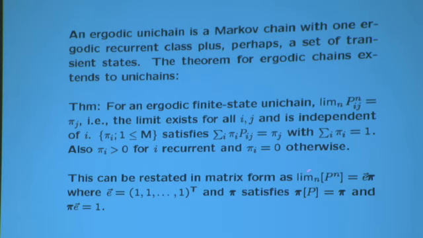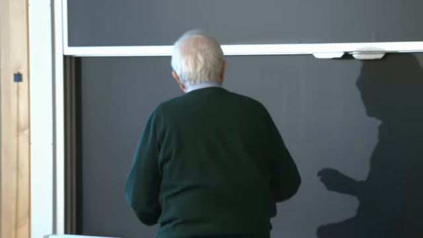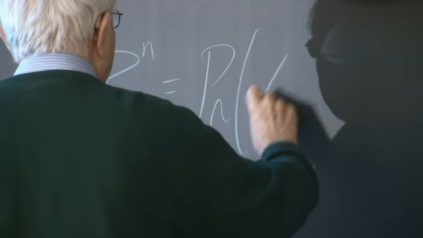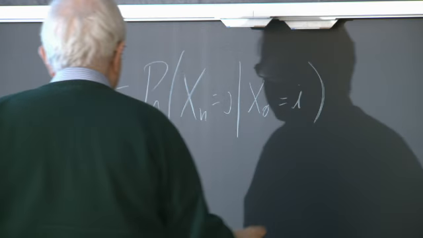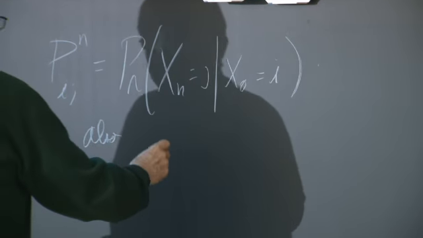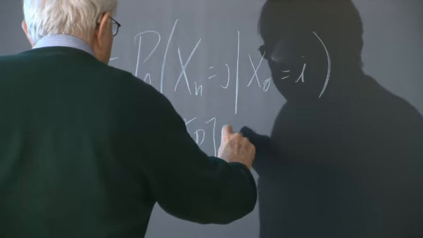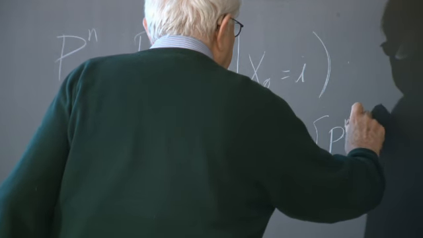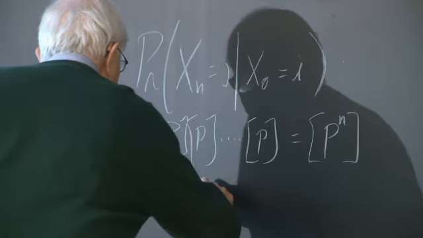Okay, what I didn't mention here, and what I probably didn't mention enough in the notes, is that P sub ij is the ij element of the matrix P to the n, that is, if you take the matrix P times P times P n times.